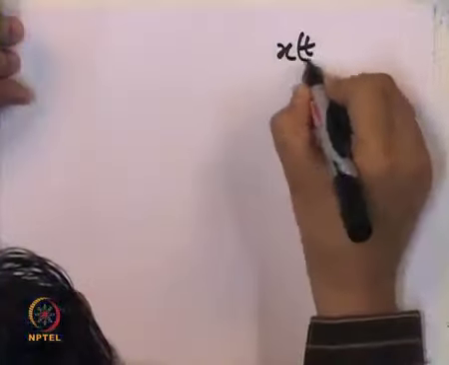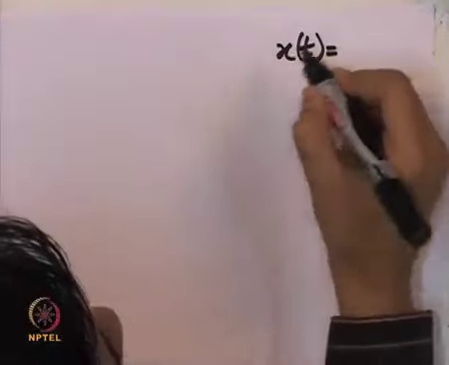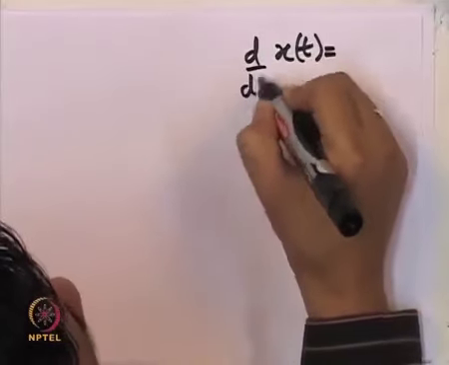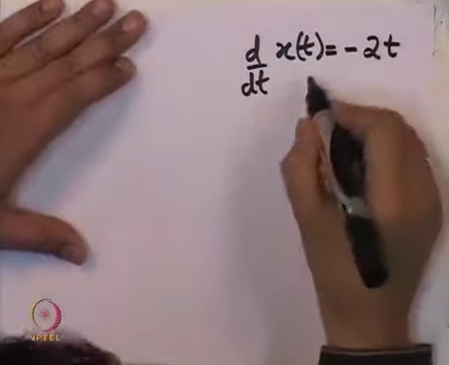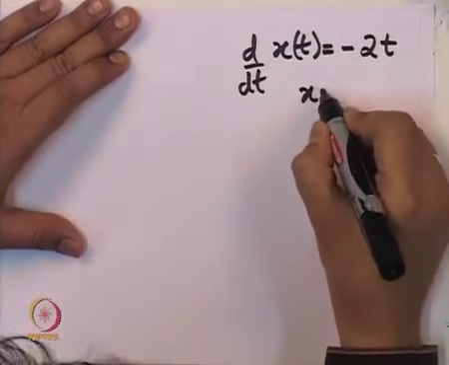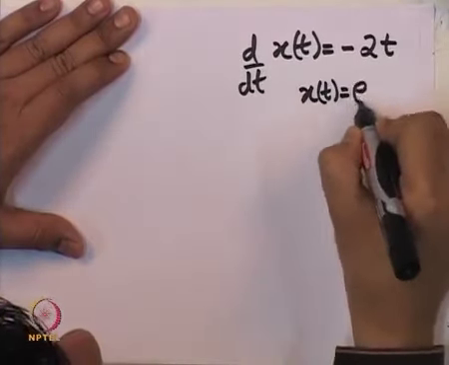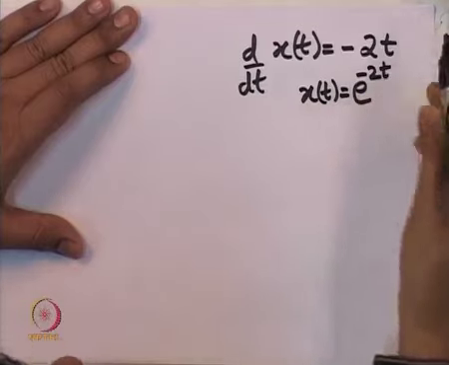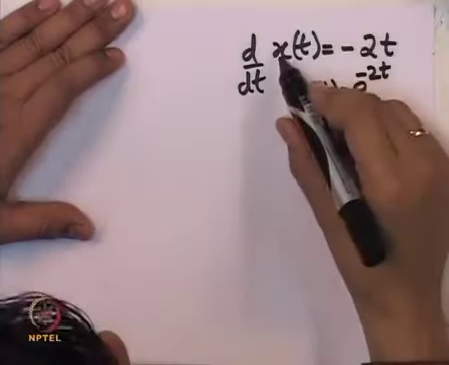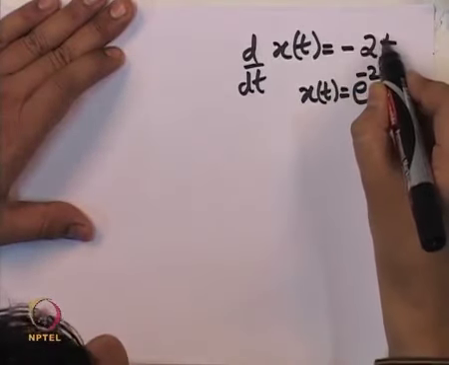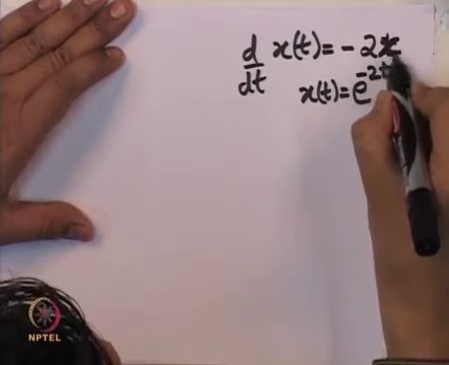So, we take d by dt of x is equal to minus 2 times x, sorry for this mistake, we are doing x dot is equal to minus 2 times x, in which case we know the solution.